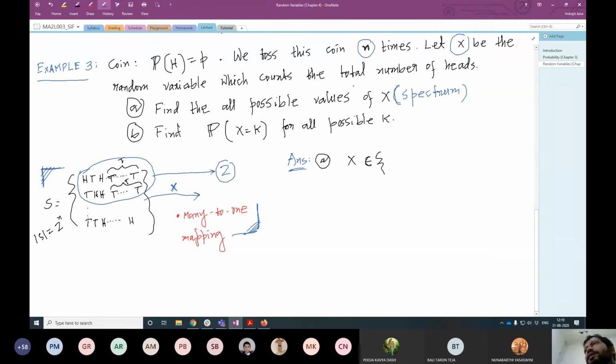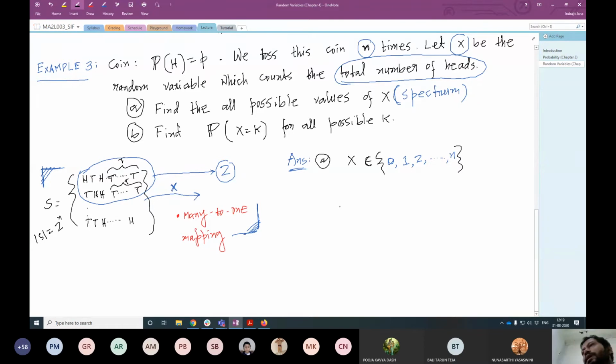The total number of heads out of n tosses could be, the lowest value is 0. So you may get no heads, and then you may get exactly 1 head, then maybe 2 heads and so on. And the highest number of heads that you can get out of n trials is n heads.